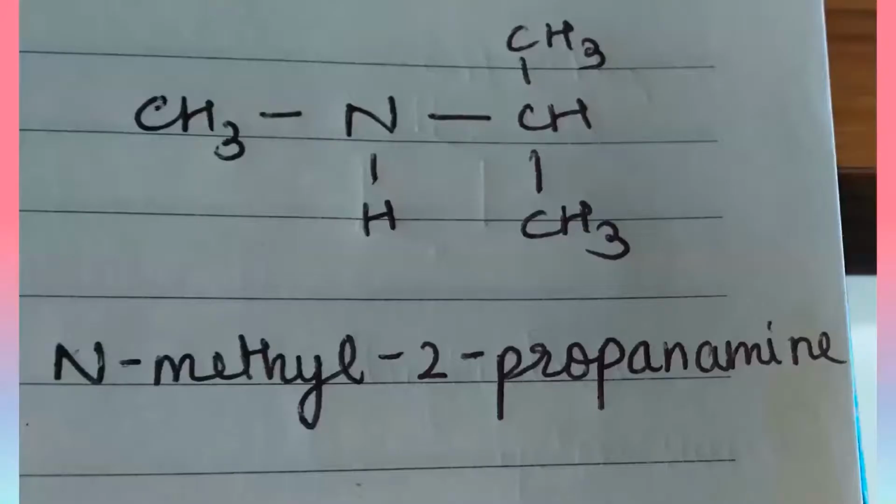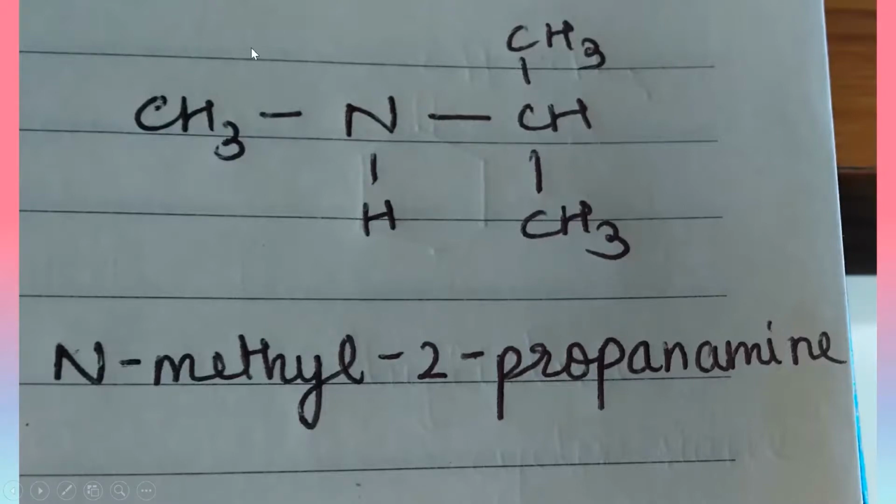Now coming to the next one. As you all can see, this is an amine group that is being given here, an amine compound. So for naming an amine compound, the first step is identifying the parent chain. The parent chain is nothing but the longest carbon chain to which the nitrogen group is attached. In this one there are three carbon atoms present in the parent chain, and it gets the root word prop.